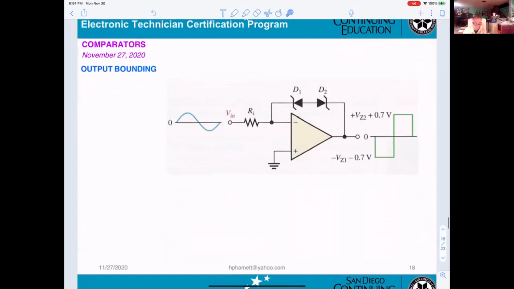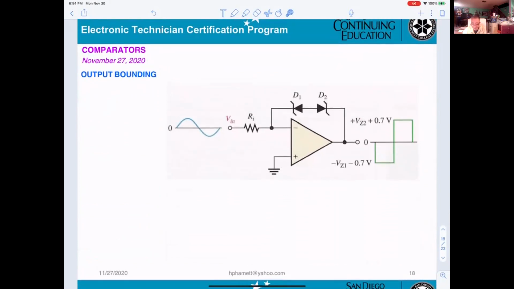It's the same thing. Output bounding. They can get 2 diodes. Same thing. One diode breaks down. The other diode will be on normally.